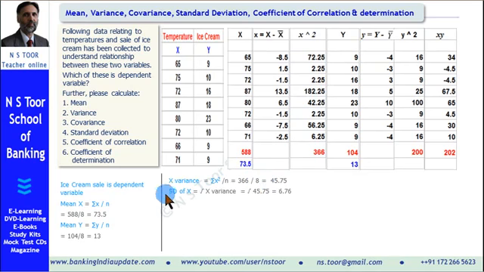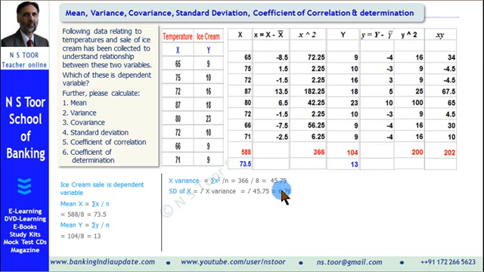Based on variance, we can find out standard deviation of x. Standard deviation is equal to square root of the x variance. X variance is 45.75. We will find out square root of this. It is 6.7576. So this is standard deviation of x.